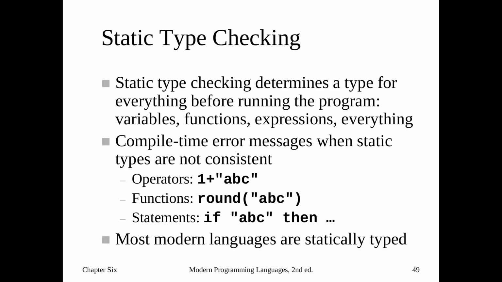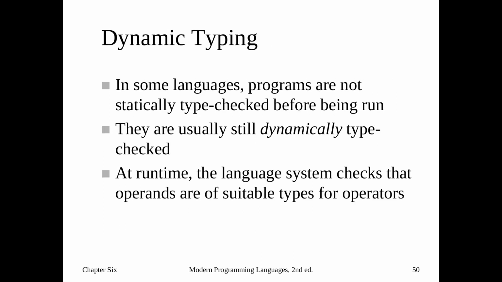Interestingly enough, most modern languages are statically typed, although there are languages like Ruby which are dynamically typed. I would say most enterprise-grade languages that are used today are statically typed. Dynamic typing, on the other hand: in some languages, programs are not statically type checked before being run. Example, Ruby. A second example, JavaScript. They're usually still dynamically type checked.